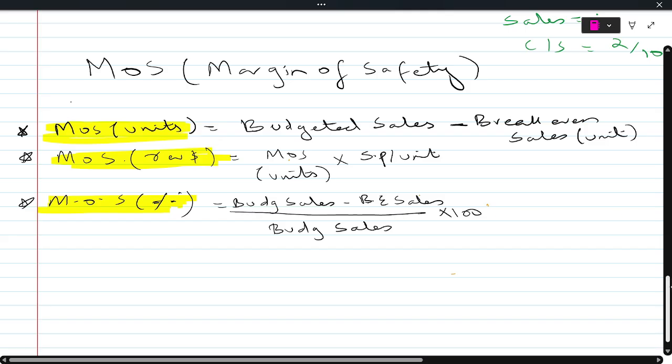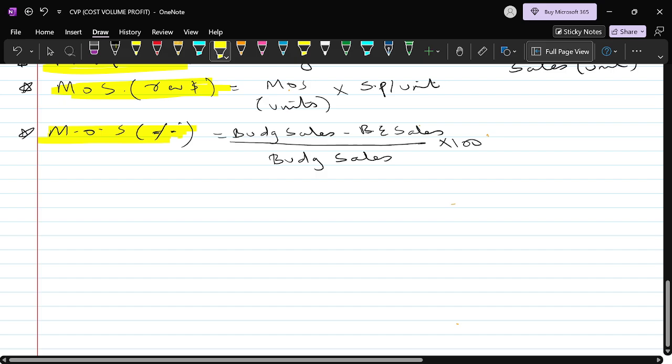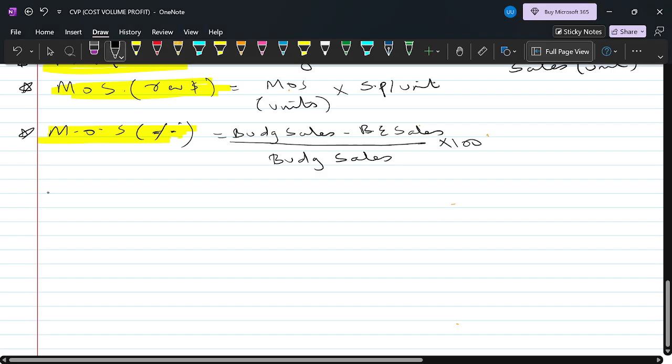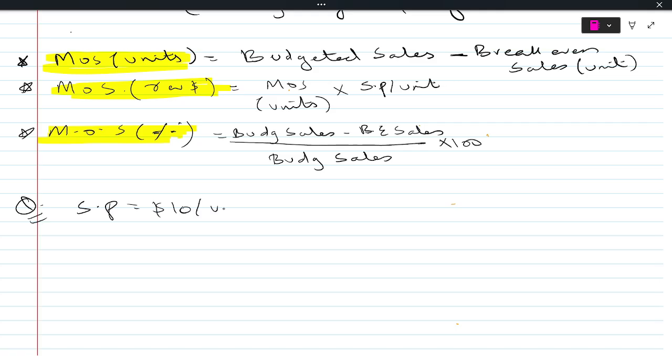All right. So with that, the concept is, I hope, clear, and these are all the formulas. Now, like always, I'm going to just give you a random question. The selling price of a unit is $10 per unit. Then we have our material, labor, variable overhead and fixed overhead.